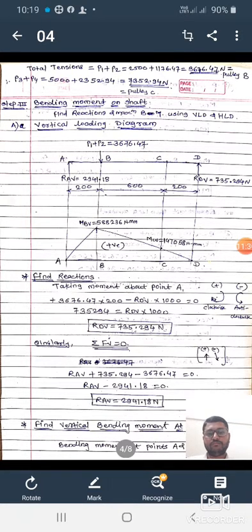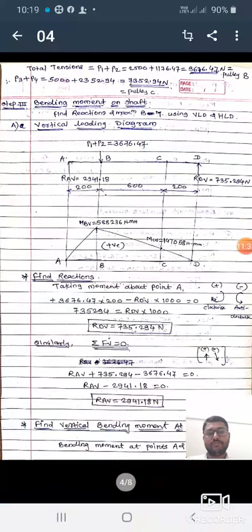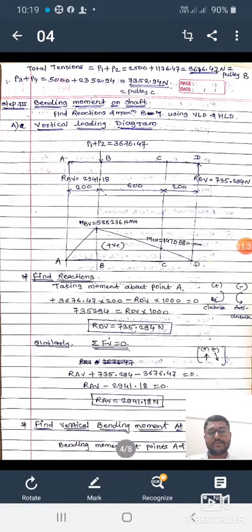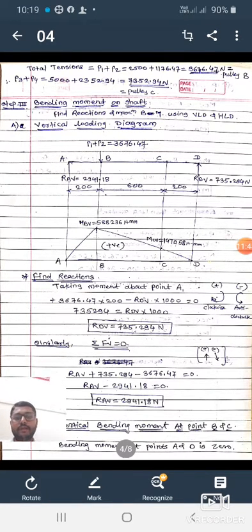Similarly, apply the condition that the summation of all vertical forces, summation FV, is equal to 0. Use the condition that forces going upward are positive and forces going downward are negative. We only consider vertical forces here: RAV, the total tension P1 plus P2, and RDV.